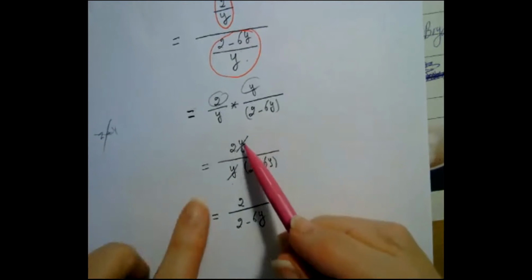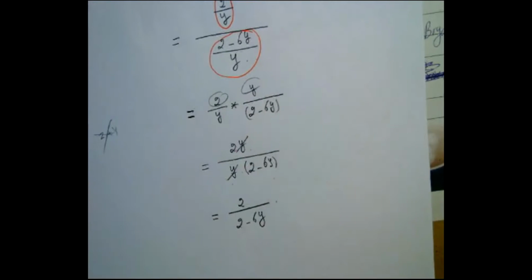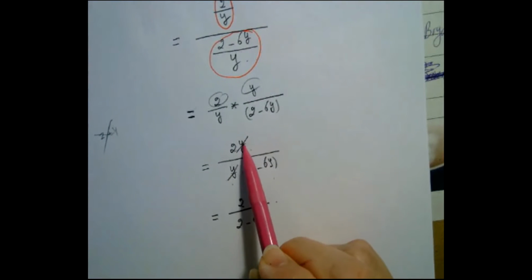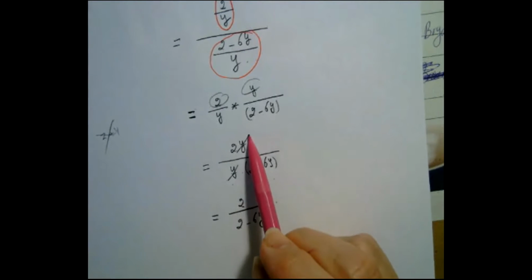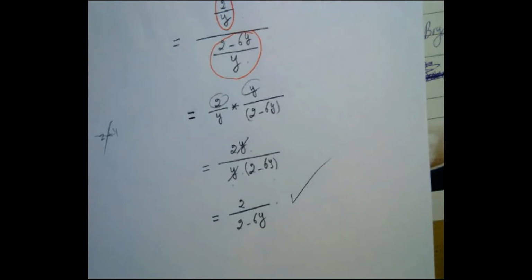So the reason I can simplify by the y is because it's multiplied, not added. It's a common factor for the numerator and the denominator, so we can simplify the common factor. It's not a sum. Okay?